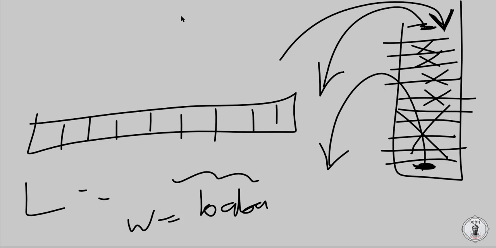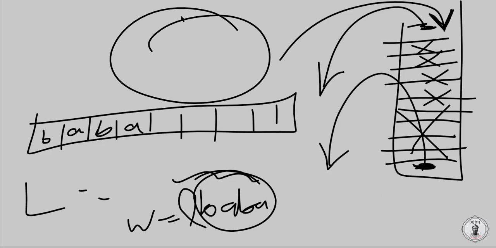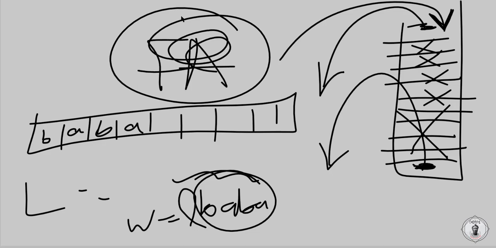You are lifting it from here and putting it inside the input step. The input step still has something to work with, which is the finite automaton. It works with this, and it decides what to do based on the transition function that you have defined.